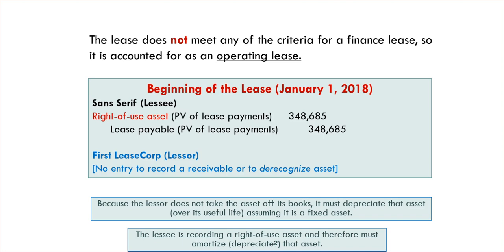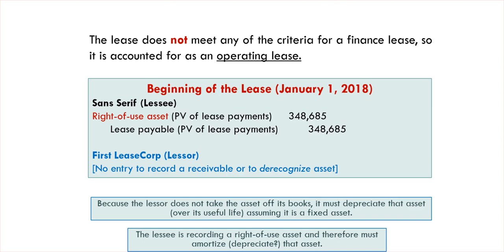And what they're saying is the lessor does not get to derecognize an asset. All they're saying is you don't get to take an asset off the books. If it was inventory, they don't get to take the inventory off the books. If it's equipment, they don't get to take the equipment off the books.